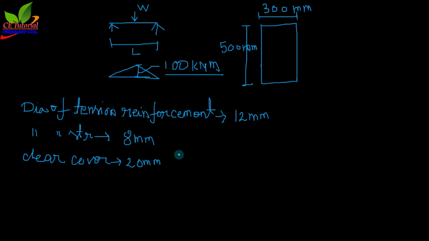Now you can calculate the effective depth. So effective depth D equals overall depth 500 minus clear cover 20 minus dia of stirrup 8 minus dia of tension reinforcement 12 by 2.